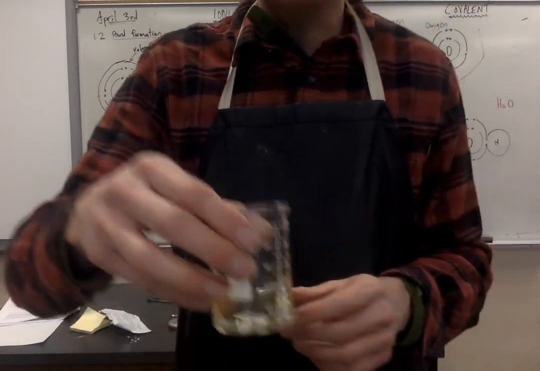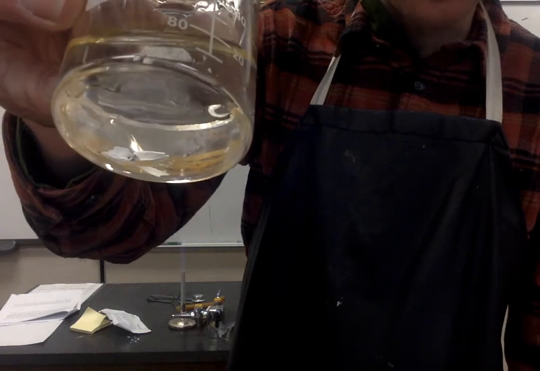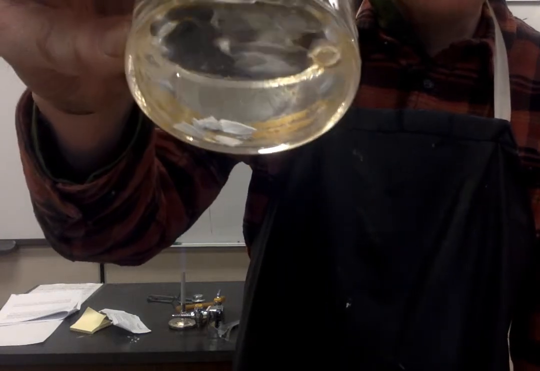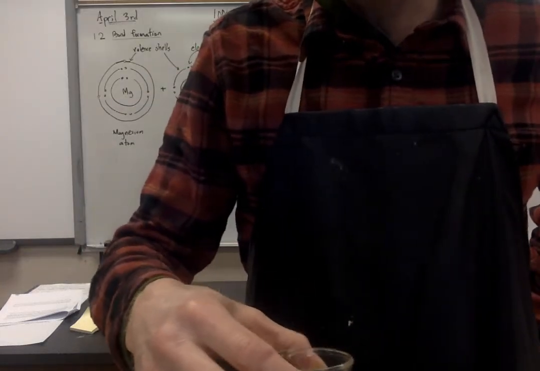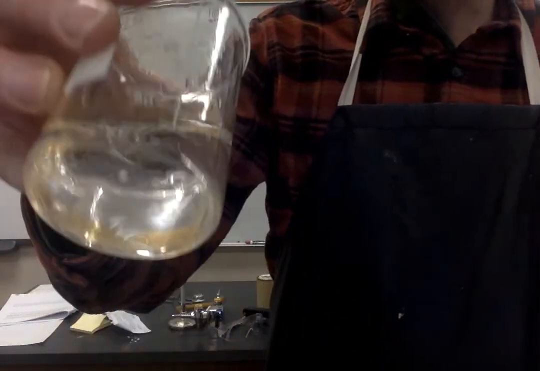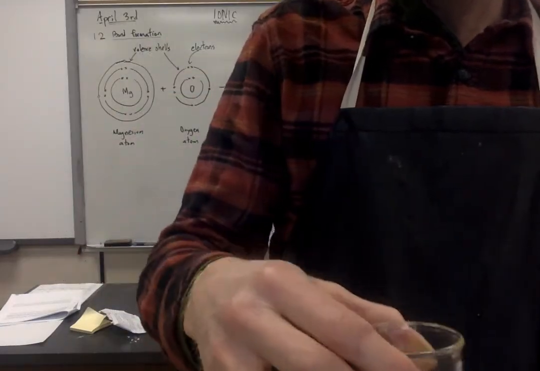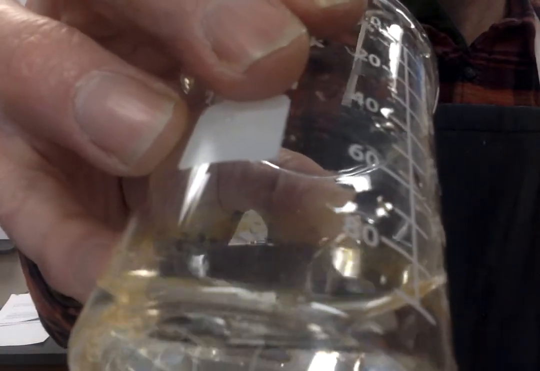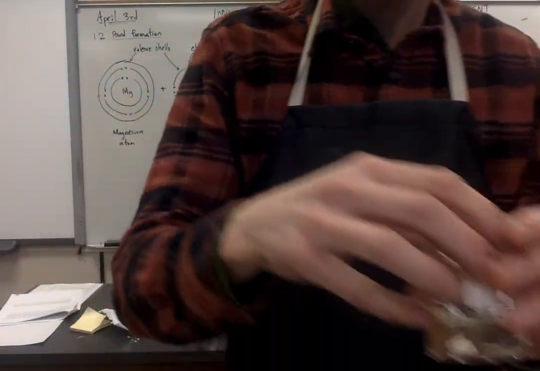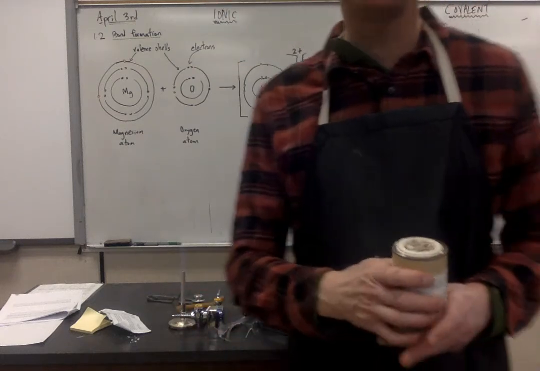In fact, this works really well because you can see actually that there's a little bit of magnesium metal that didn't burn because it was under the clamp, and then it sunk to the bottom. So you can see, whereas the rest of it is slowly disappearing in the solution. All right. I'll demonstrate that for you again.